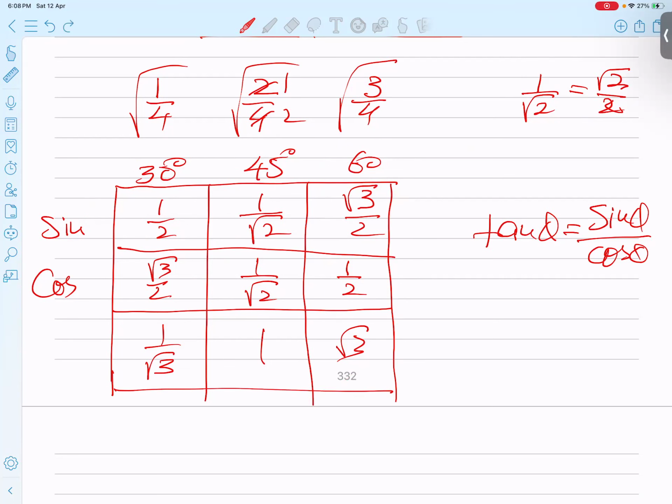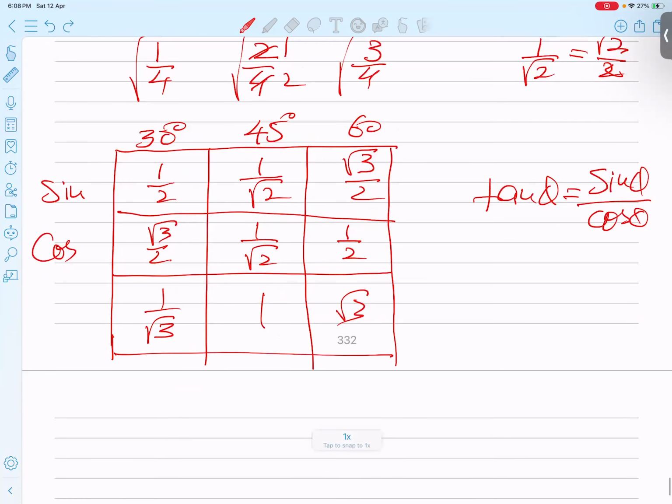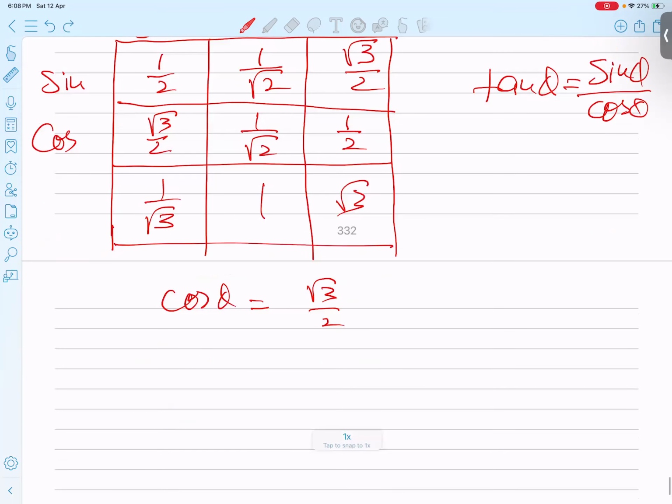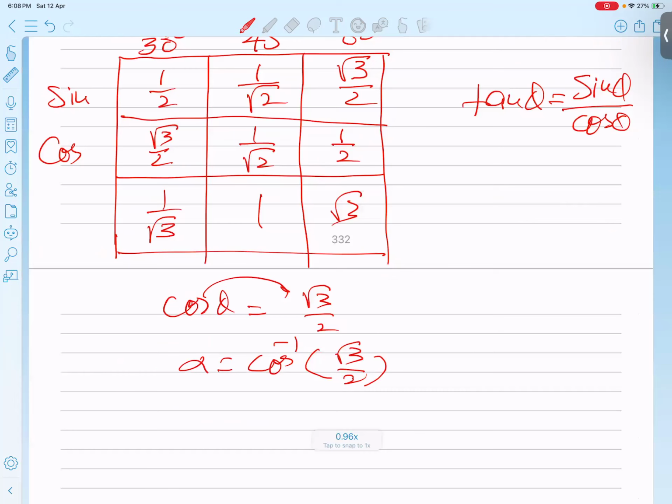Very quickly, for example, I have one question: cos theta equals, let's say, root 3 by 2. I know that cos 30 is root 3 by 2. So when I take cos inverse, you ask yourself which angle gives you this.